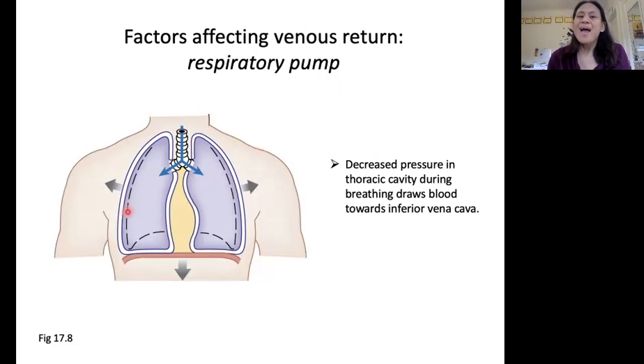When we create a subatmospheric pressure in our thoracic cavity, that increases the pressure difference between our veins and the thoracic cavity. And that helps draw blood up towards our heart, so towards the thoracic cavity. Okay.